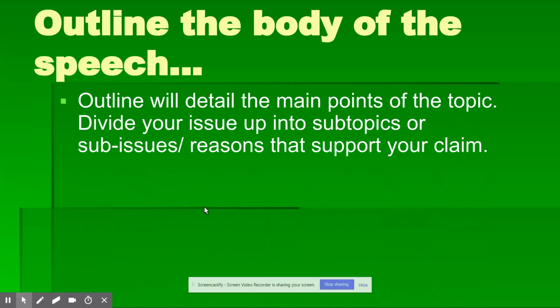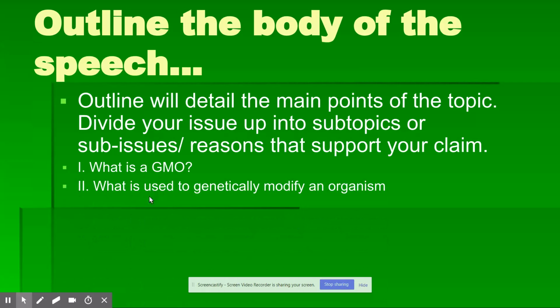So what you want to do is divide your main topic into little subpoints or sub-issues or reasons that support your claim. For example, for Roman numeral 1, I have what is a GMO. Roman numeral 2, it says what is used to genetically modify an organism. For Roman numeral 3, I'm going to talk about the harmful health effects of GMOs.